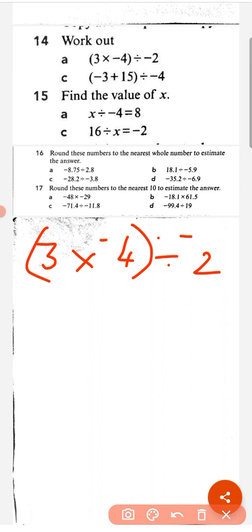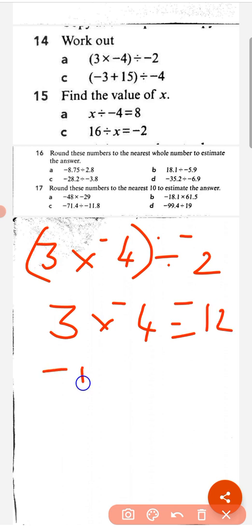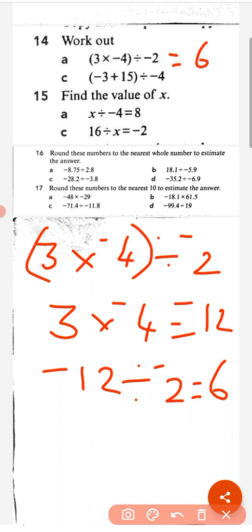Children, do the calculation in brackets first. BODMAS rule, brackets. So 3 into negative 4 is equal to negative 12. Then negative 12 divided by negative 2. 12 divided by 2 is 6. Negative divided by negative is positive. So our answer is positive 6.